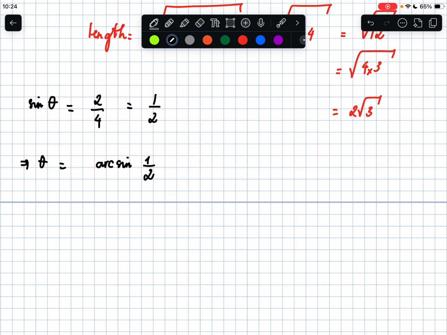Since sine is 1/2, our angle theta has to be pi over 6.